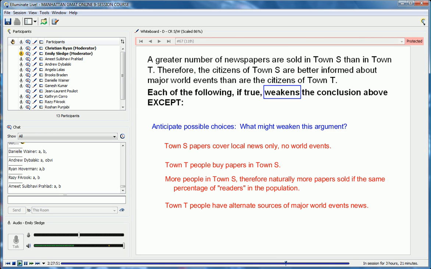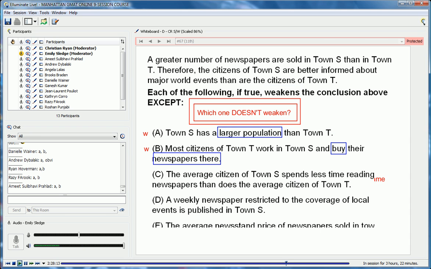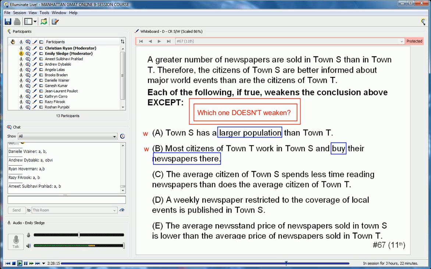This was the very first one that you guys came up with. Town S papers cover local news only, no world events. So you guys were interested in the content of the papers. Very good point here, right? Since the conclusion is about something very specific, informed about a very certain thing, major world events. Which choice up here most relates to that suggestion?